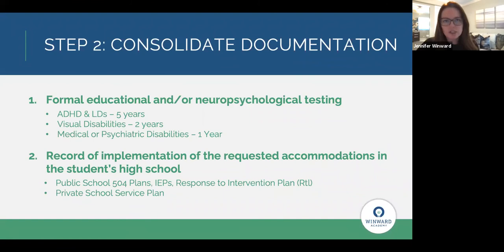And then all of a sudden junior year comes around and they're just like, oh my gosh, I have to get these accommodations that I'm supposed to have. They should have been doing it for the past several years. Their teachers noticed that they were struggling. A lot of times teachers too, especially at private schools, are much better at providing accommodations when they know that a student might need an extra 15 minutes or an extra 20 minutes on an exam. So there's this informal way that the student is receiving accommodations.